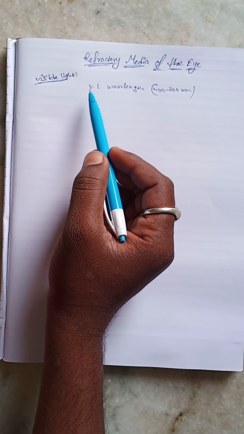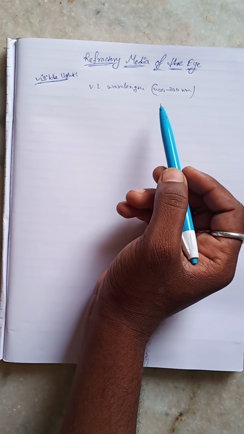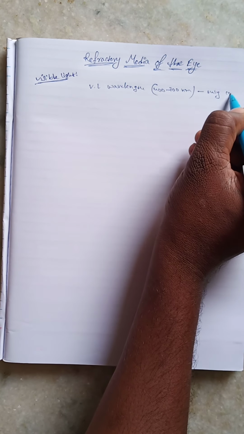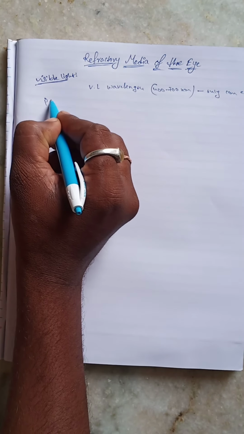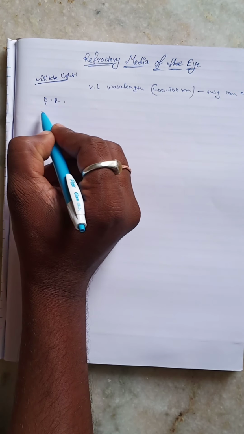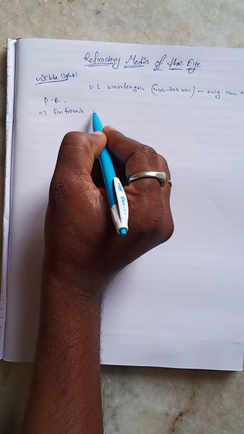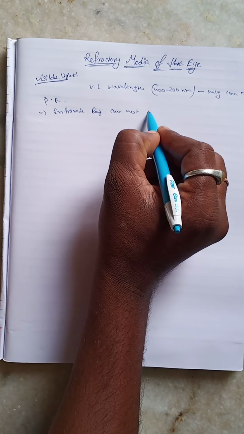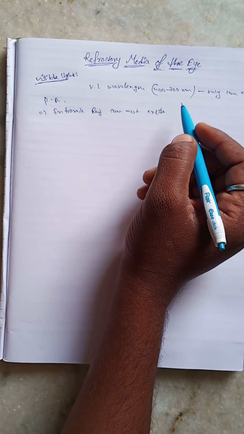So what is the normal range of eye-visible light? Visible light has a wavelength of 400 to 700 nanometers. Only this range can excite the photoreceptors. Infrared rays cannot excite them and are felt only as heat.